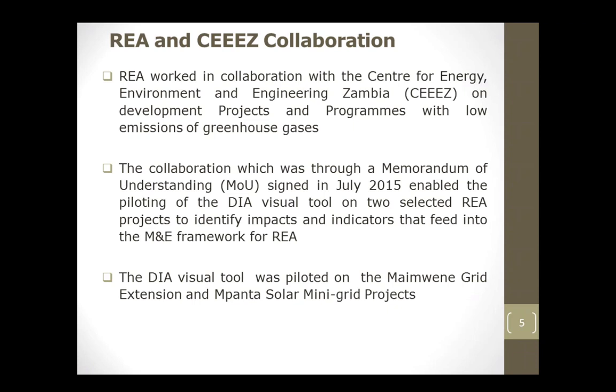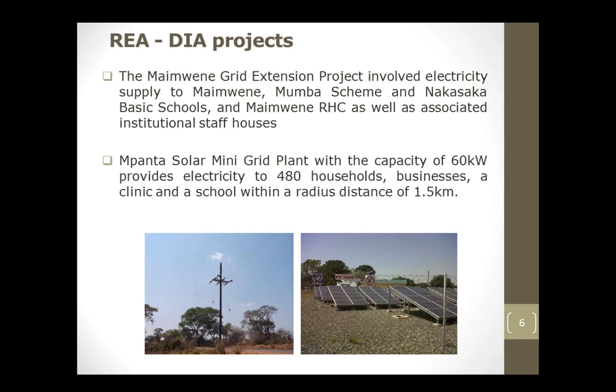Then Mpanta Solar Mini Grid project is about 700 kilometers away from Lusaka. The Mwene Grid Extension project involved electricity supply to Mwene, Mumba scheme and Nakasaka basic schools and the rural center called Mwene.